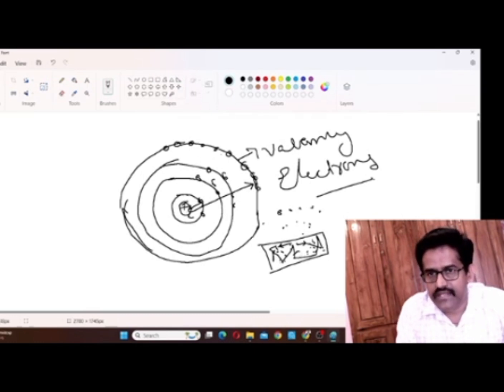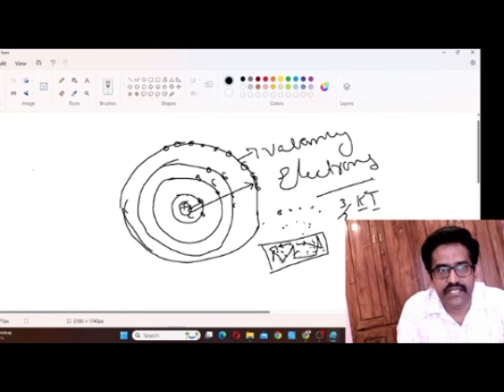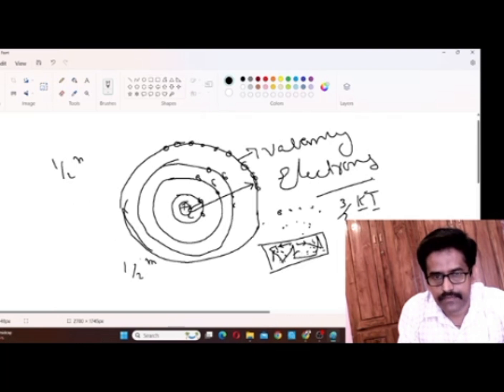So they acquire the energy 3/2 kT, where k is the Boltzmann constant and T is the absolute temperature. But we know from the classical theory, from Newtonian mechanics, that kinetic energy is equal to half mv square.